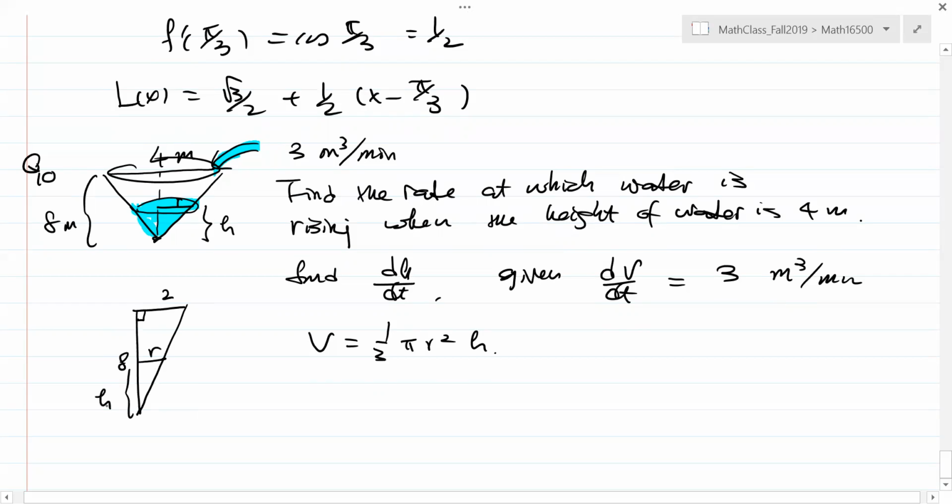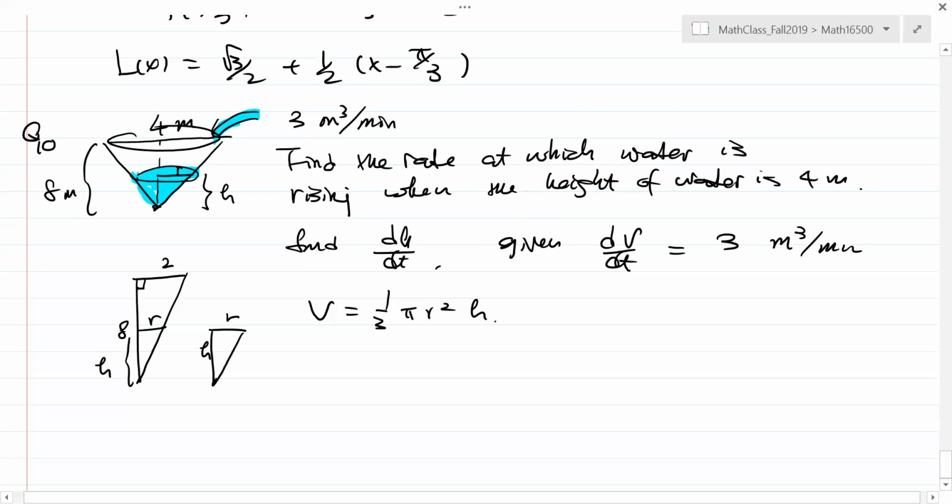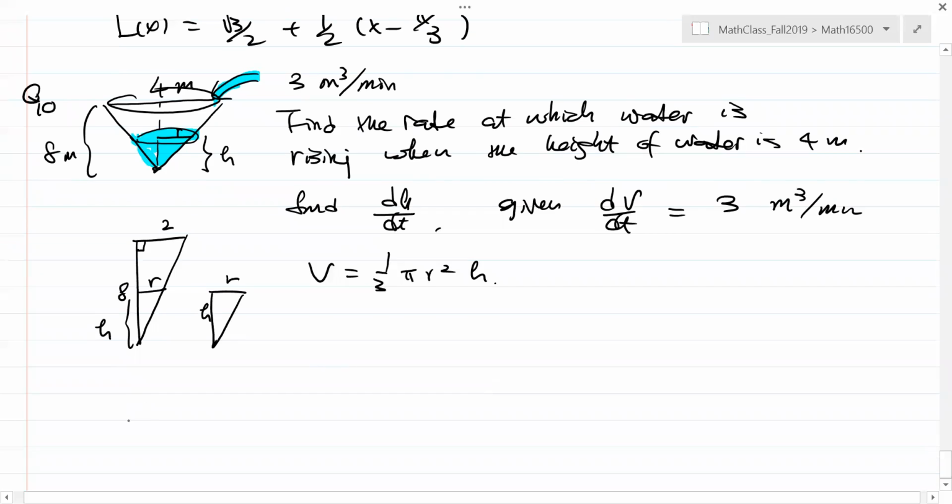So there are 2 similar triangles here, r and h. r over 2 is going to be h over 8, right? The ratio of the corresponding sides is equal to the same number.